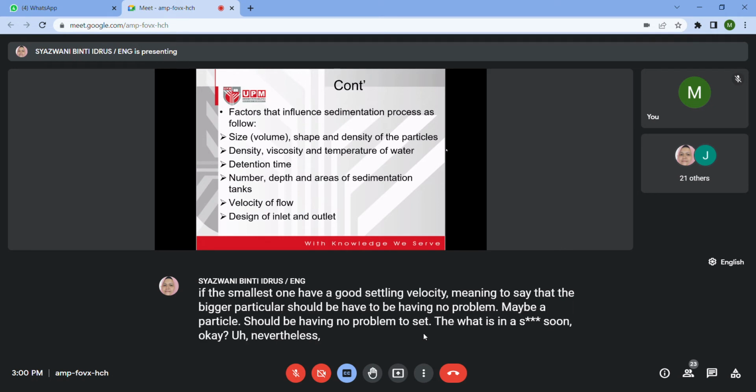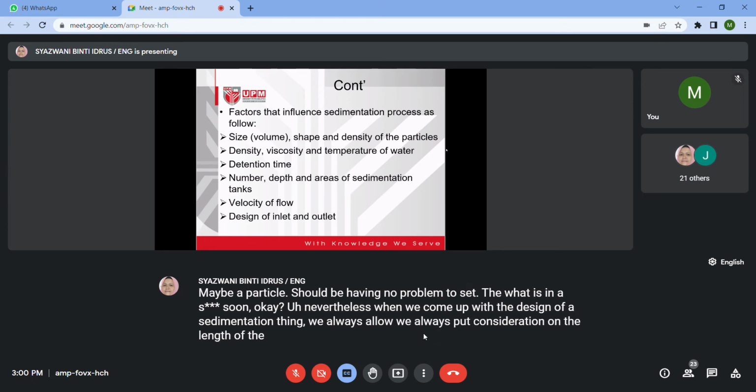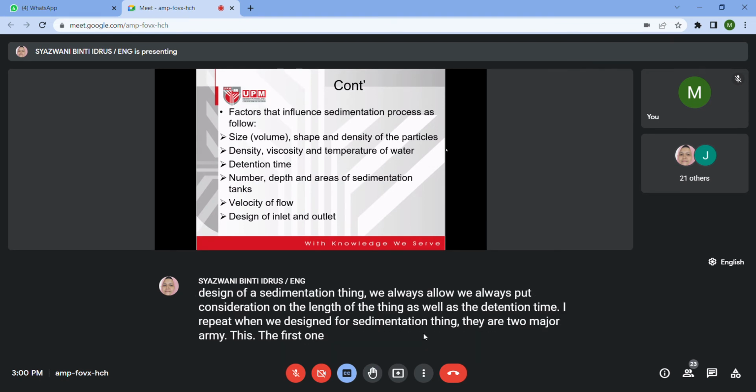Nevertheless, when we come up with the design of a sedimentation tank, we always put consideration on the length of the tank as well as the detention time. I repeat, when we design a sedimentation tank, there are two major parameters. The first one is the length of the tank. The second one is the detention time.